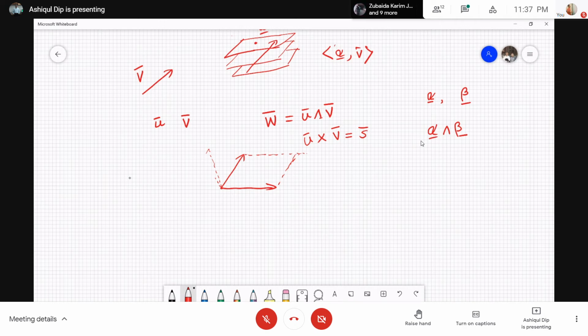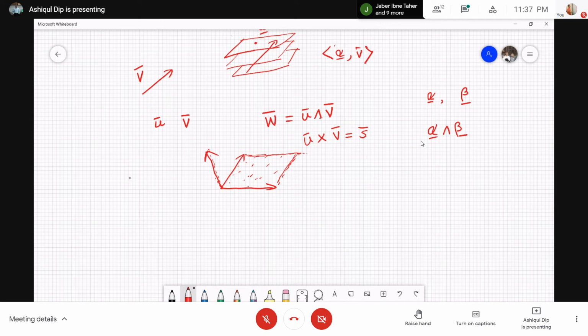So S represents the area of this parallelogram. See one thing: we are trying to assign a direction to this area kind of forcefully, right?